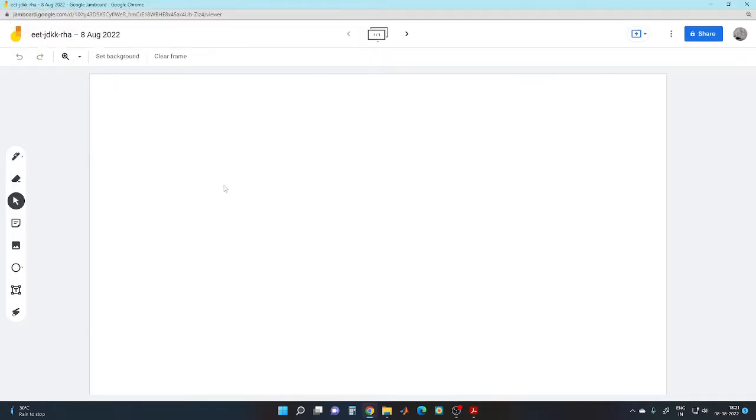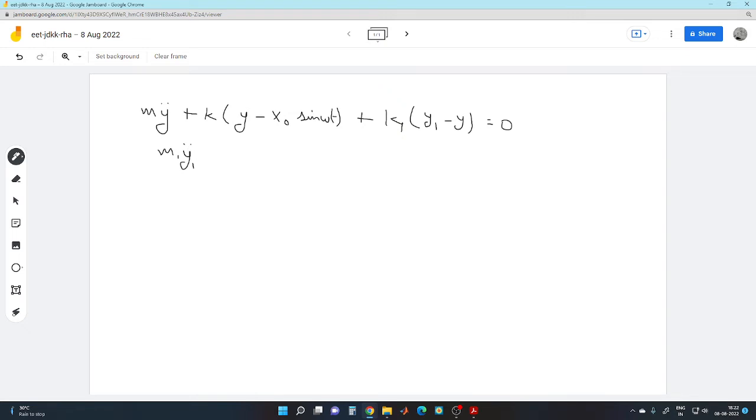Okay, so what we had obtained was m y double dot plus k y minus x naught sine of omega t plus k1 y1 minus y equal to 0. Then m1 y1 double dot plus k1 y1 minus y equal to 0.